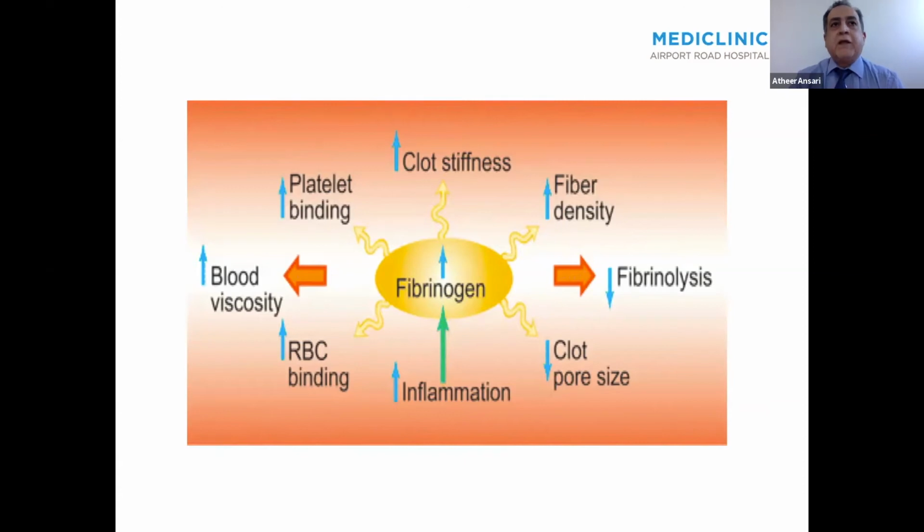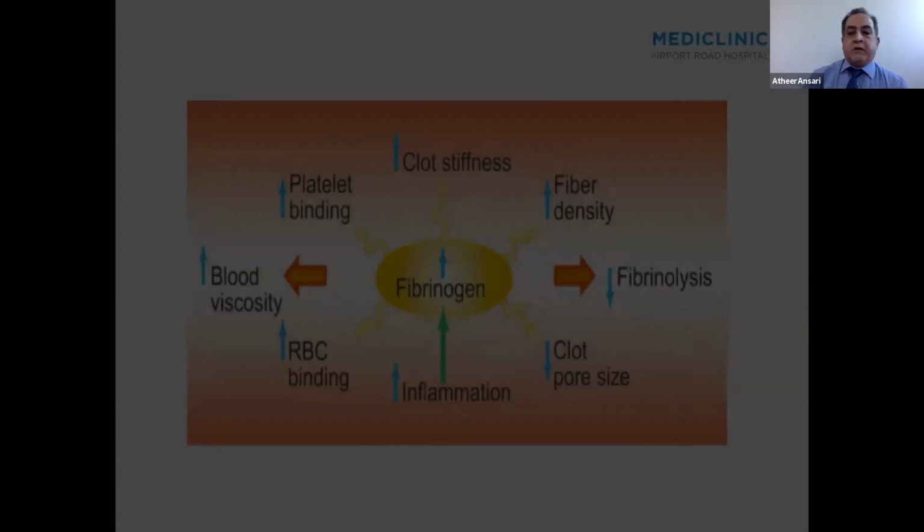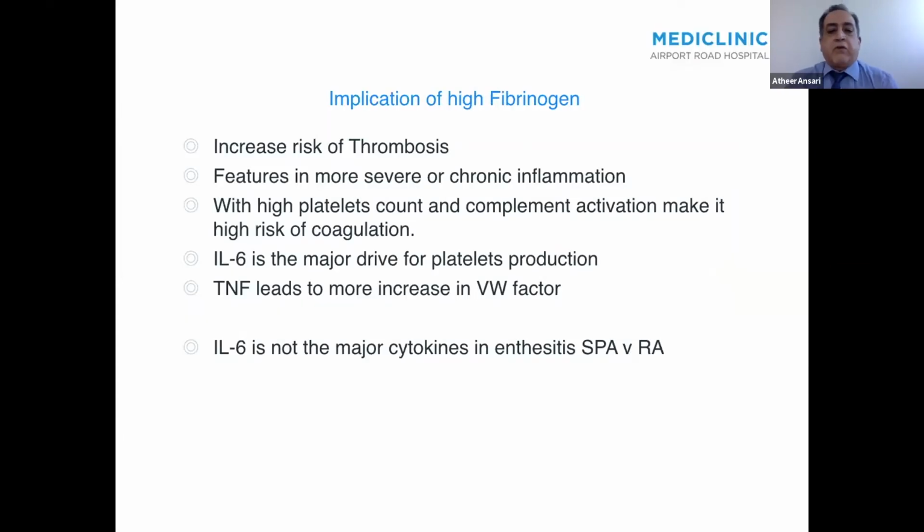However, they represent the risk for clotting, and we know from the studies that inflammatory conditions all have an increased chance of atherosclerotic and clotting disease, like lupus or rheumatoid. In many ways, it's because of high fibrinogen level. So there is increased risk of thrombosis, but it's a feature of chronic inflammation.